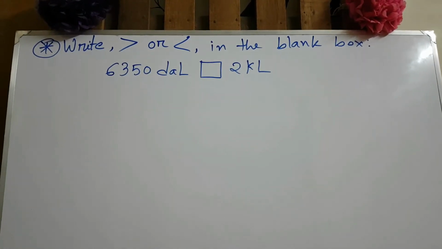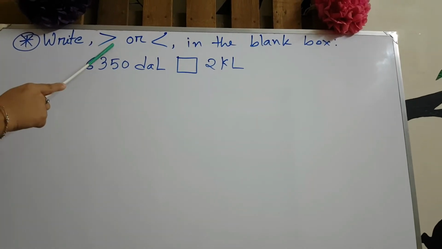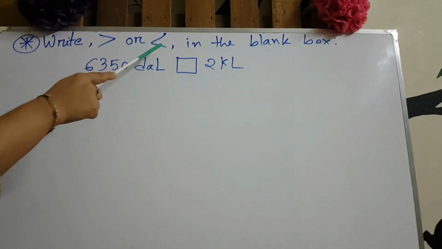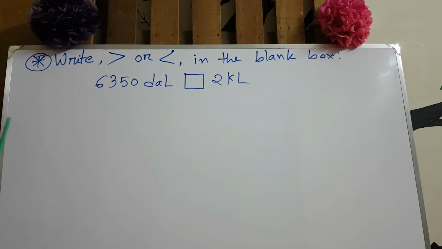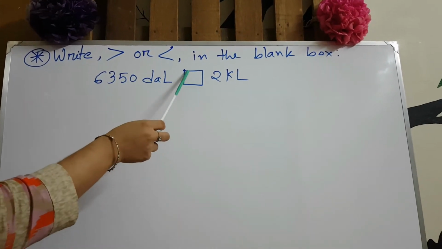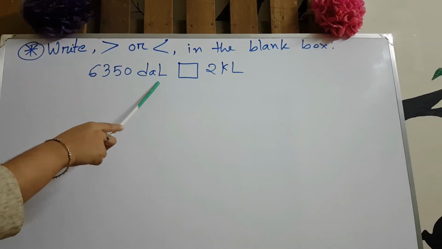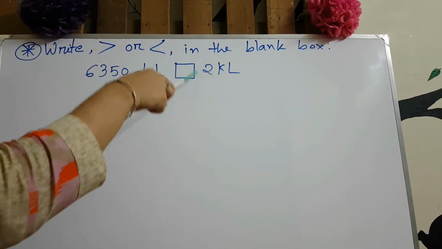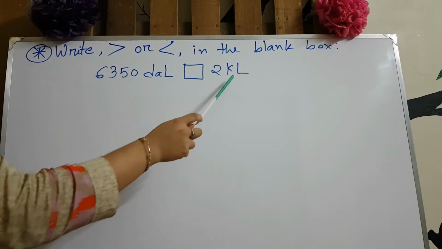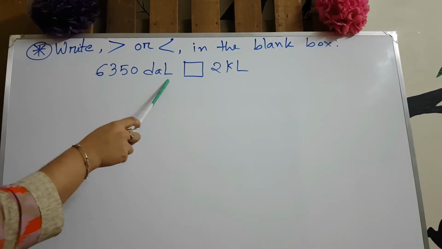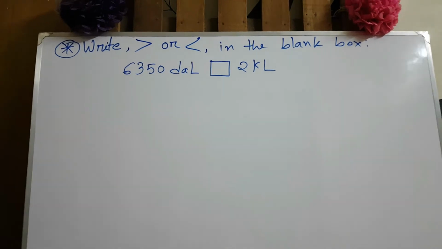Students, here is the second question. Write greater than or less than in the blank box. Here we have 6350 decaliter and 2 kiloliter. First of all, we have to convert these into the same unit.